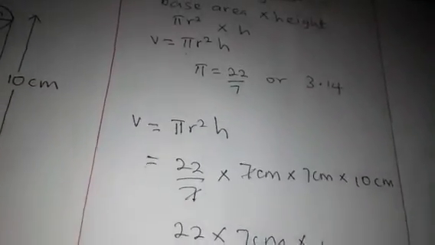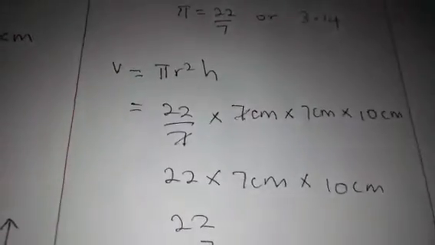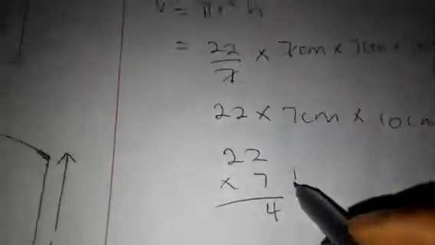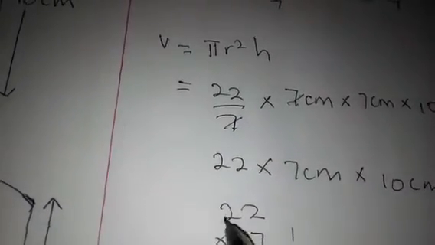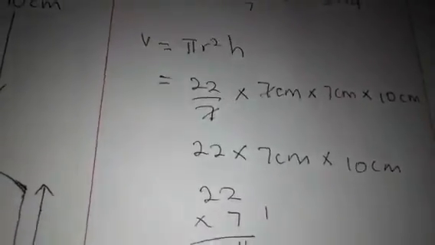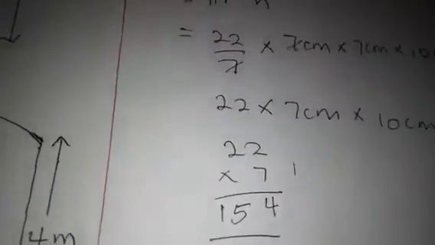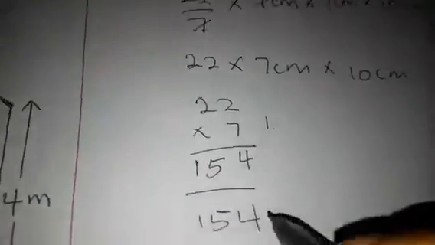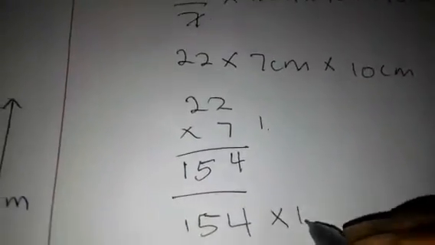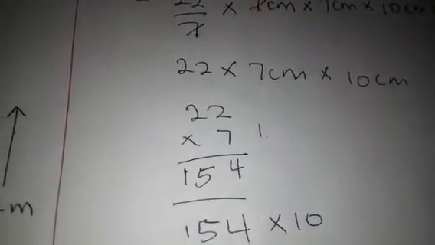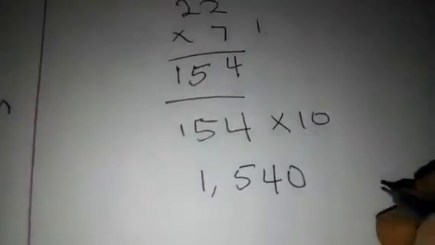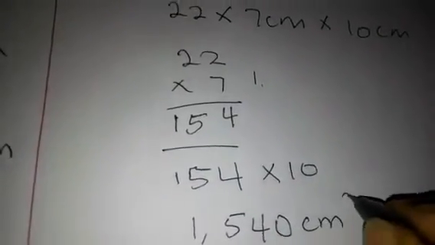22 times 7 gives us 154, times 10 gives 1,540 centimeters cube.